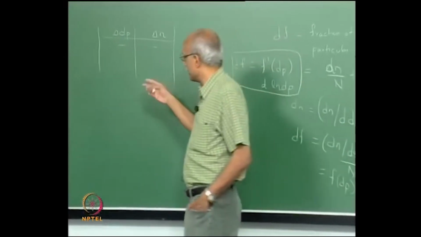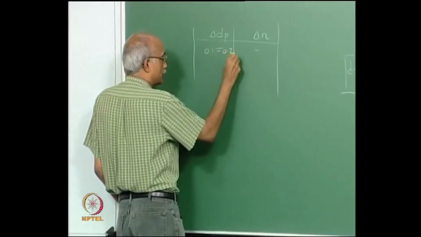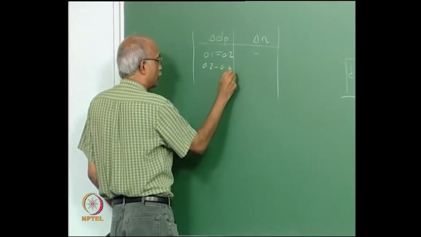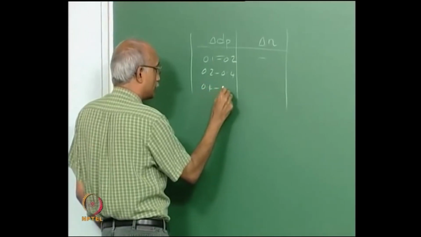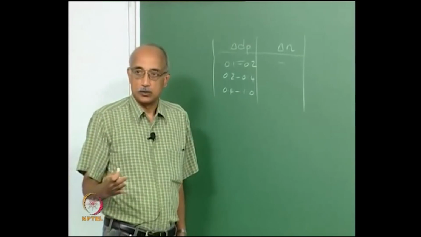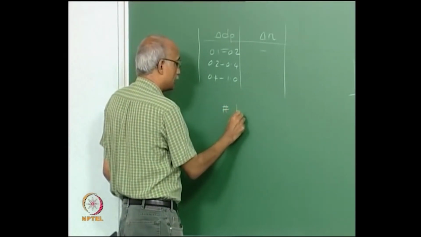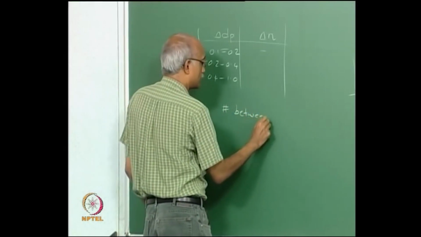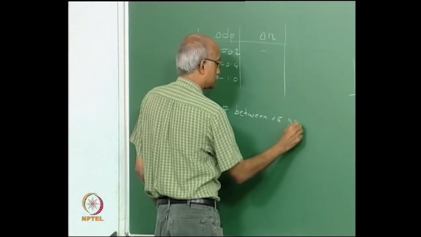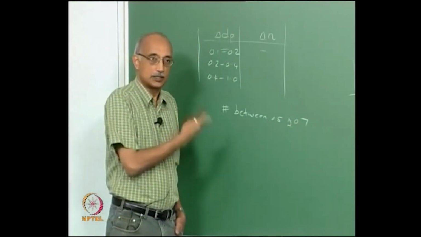For example, if the table is only giving you from, let us say, point 1 to point 2 is one channel, point 2 to point 4 is another channel, and point 4 to 1 is another channel, but you really want to know the number of particles between 0.5 and 0.7, right.